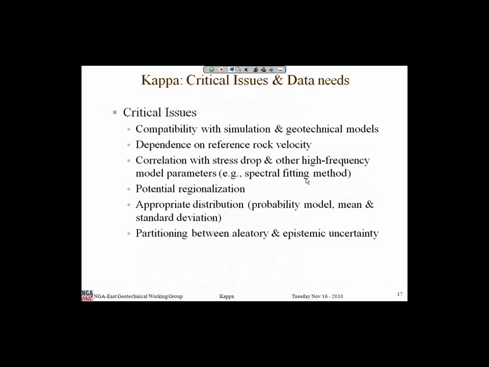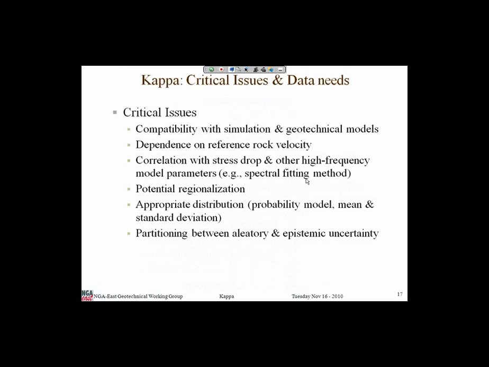So some of these issues have already been discussed when we're talking about reference velocity, the potential regionalization. It doesn't look like that's really going to be an issue. We don't plan on having a difference between simulation and geotechnical or reference rock.